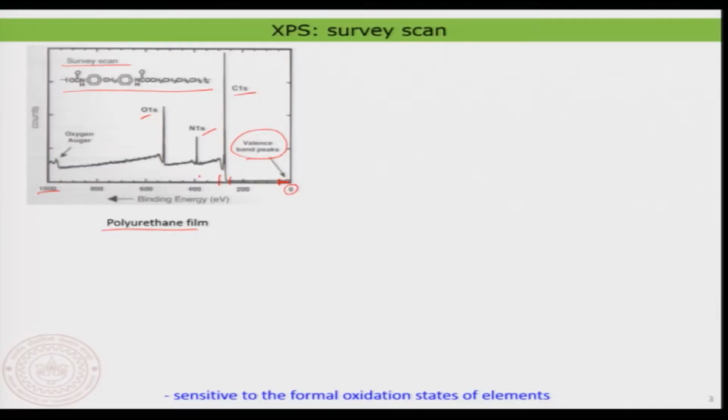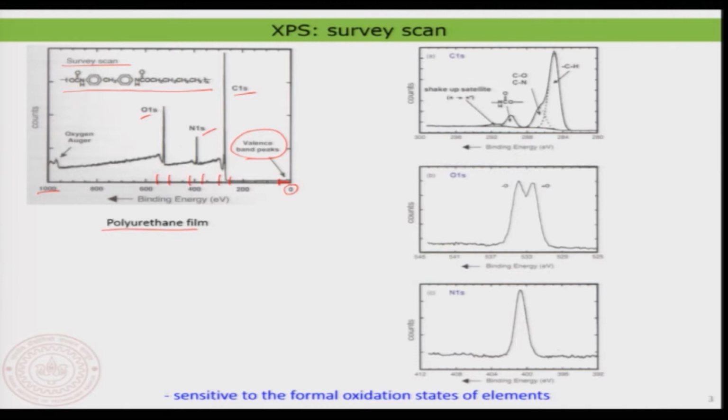Now we can look into each of them separately. Zoom into this small window of energy, and then we can understand each of the elements in greater detail. So, let us do that. For polyurethane, I am zooming into the energy of the carbon, and this is particularly the carbon 1s level.